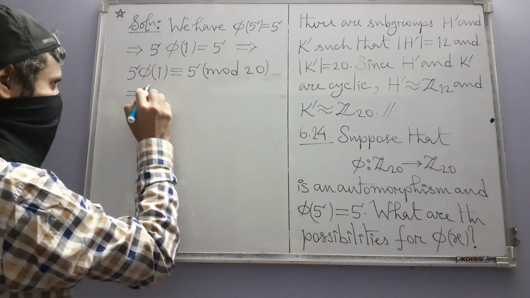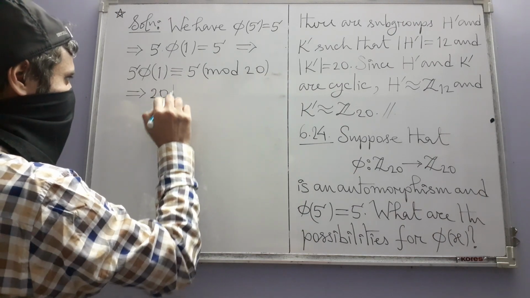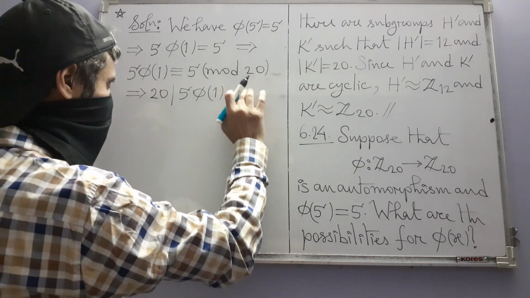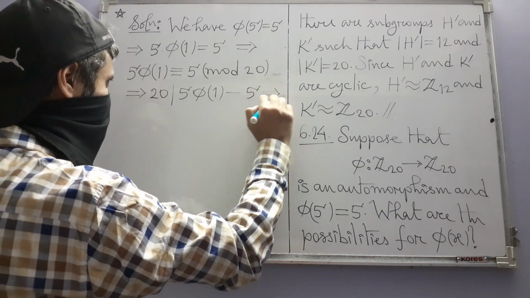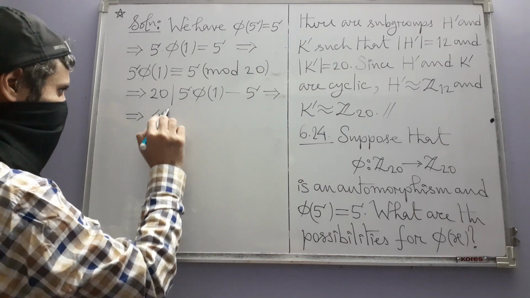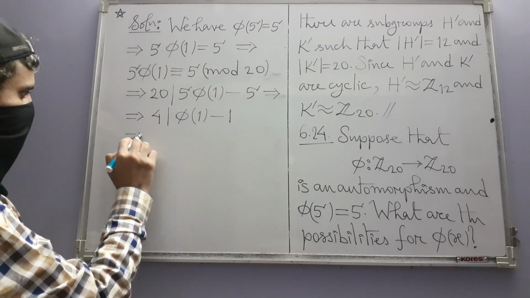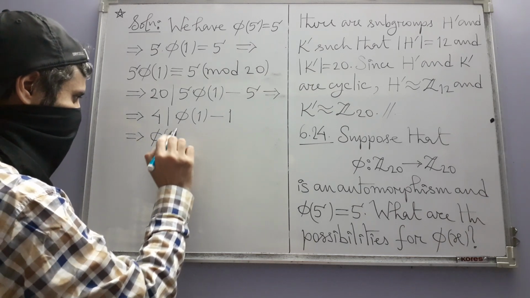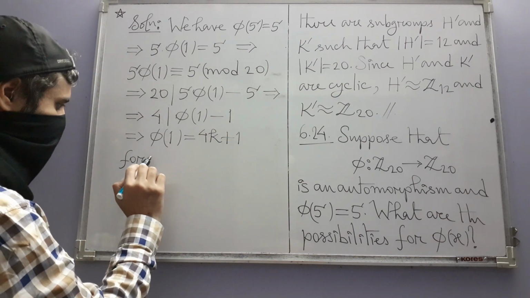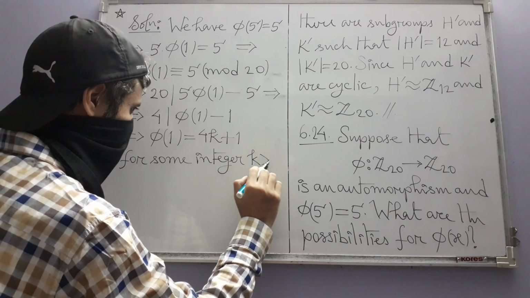Let's just write that, so it will be easier to understand if you are not very familiar with these modulo equations. 20 divides 5 times (phi of 1 minus 1), and if you do this little cancellation, that simply implies that 4 divides phi of 1 minus 1, or phi of 1 should be of this form: 4k plus 1 for some non-negative integer k.